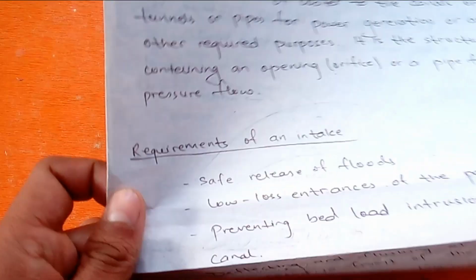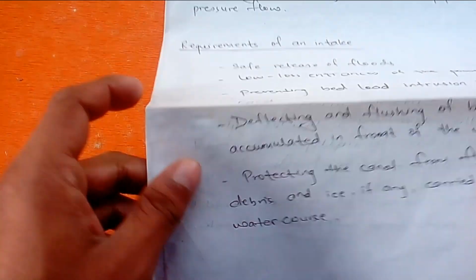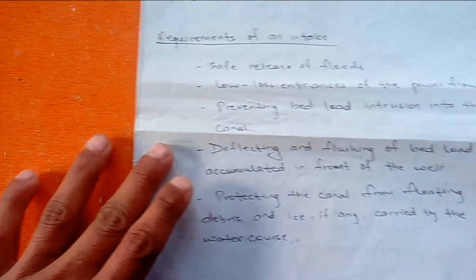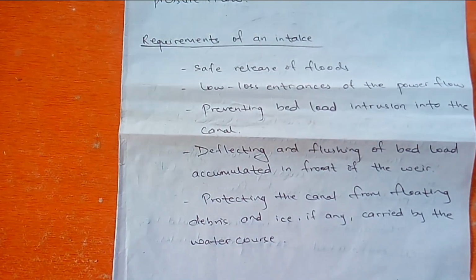Let's look at the fourth one, deflecting and flushing of bed load accumulated in front of the weir. As we all know, a weir is a retaining structure or a diversion structure. So a requirement of an intake is to deflect and flush the bed load which has accumulated in front of the weir.